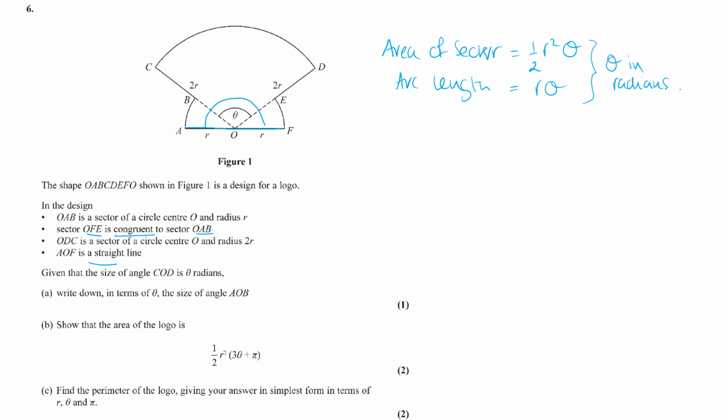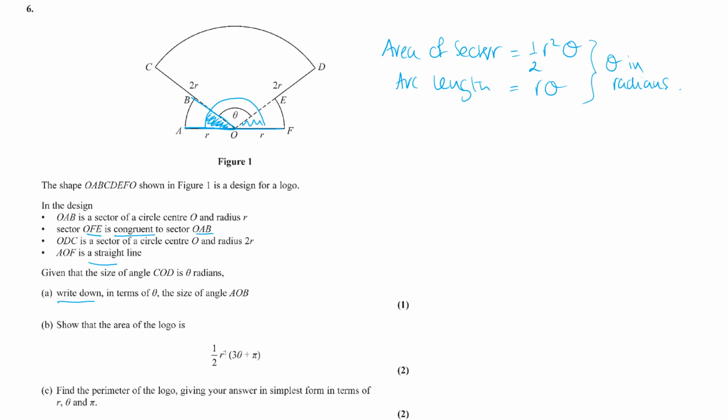Now, because the two smaller sectors are congruent, these two angles here are going to be the same. So it's asking us in part A to write down in terms of theta the angle AOB. So we want the angle AOB. We just want that angle there. Now, when it says write down, that's exam speak for you can and should be able to just write it down.